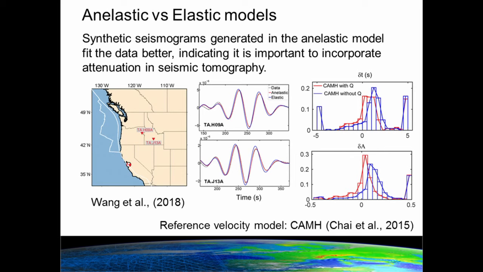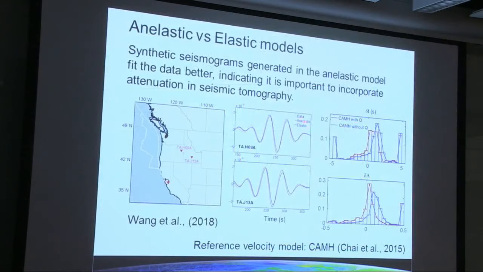For an event, we compute synthetic seismograms at different stations generated in the reference model with and without attenuation. We find that the seismograms calculated in the model with attenuation fit the data better in both the travel time and the amplitude.